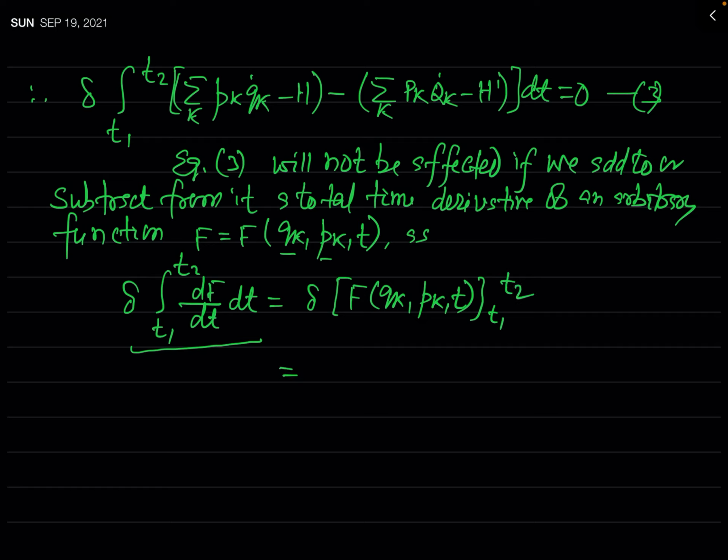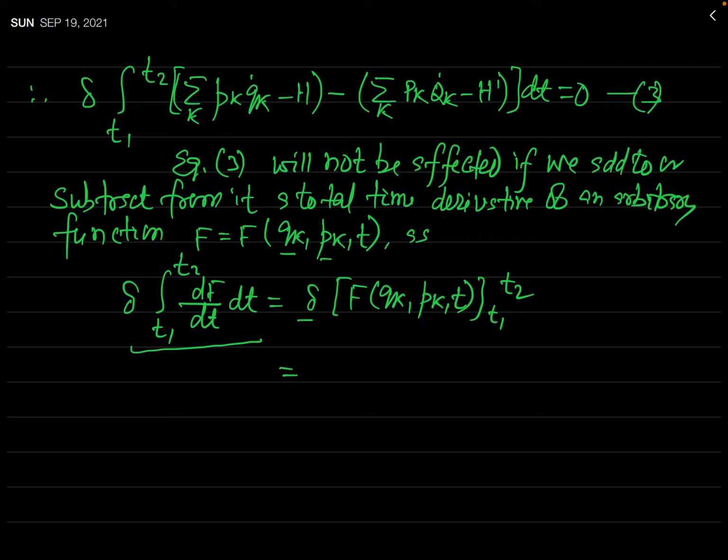Now take the operation of this delta operator on this function f. Since f is not a function of only one variable, but of qk, pk and t, we must follow the rules of partial differentiation.